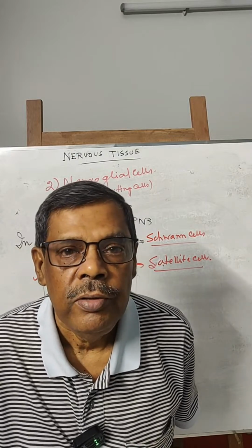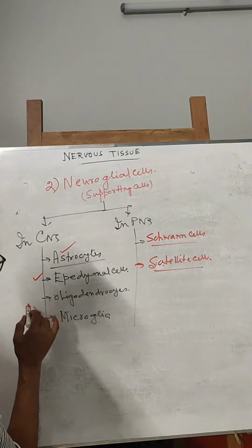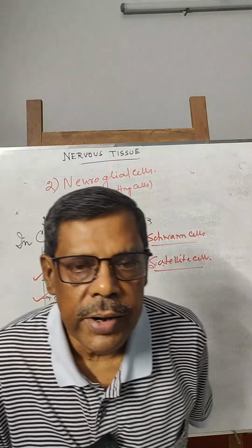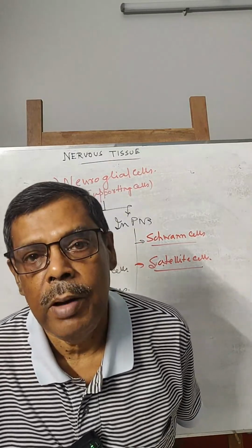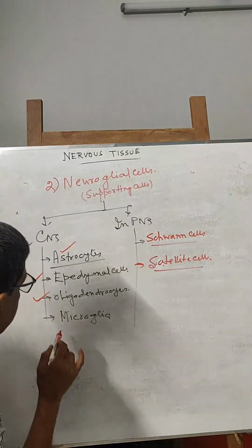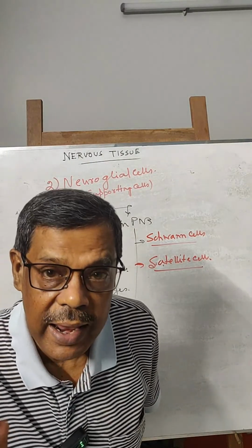They produce CSF, cerebrospinal fluid. Next, oligodendrocytes produce the myelin sheath of central nervous system neurons. Microglia are phagocytotic in nature.